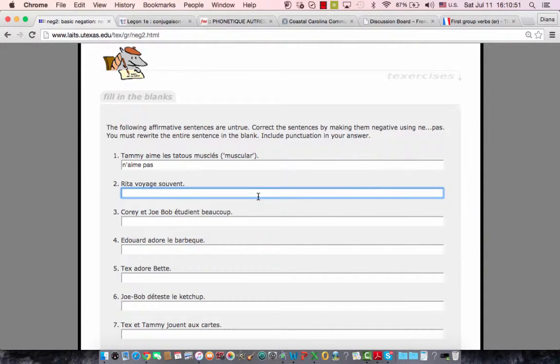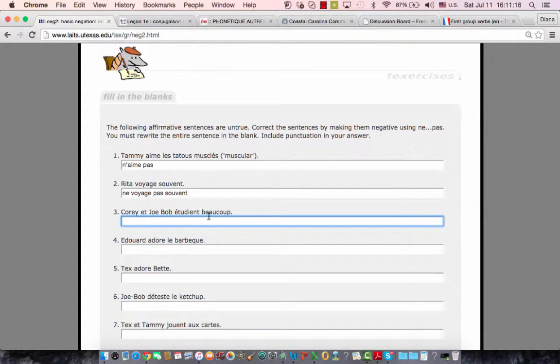Rita voyage souvent. Rita travels often. Let's say Rita doesn't travel often. Rita ne voyage pas souvent. Et Rita ne voyage pas souvent.